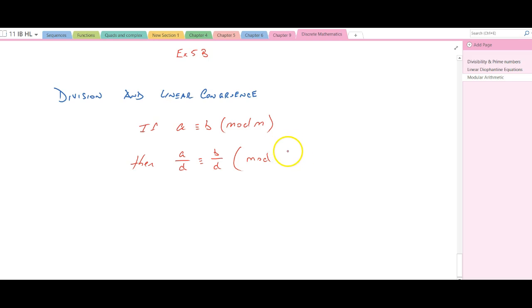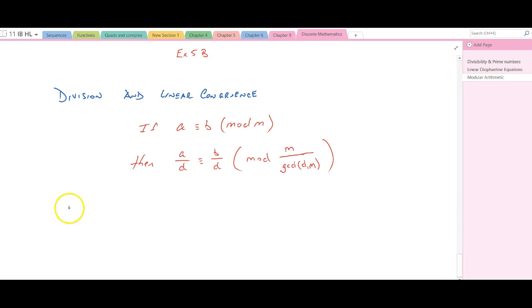Our modulo value, if we're dividing through by d, is changed to whatever it was, m, divided by the GCD, the greatest common divisor of d and m. Now if d and m are coprime, then that's just 1, so that doesn't change our modulo value. But if it's not 1, then obviously that's going to divide by whatever it is. So we can use this to solve linear congruences.